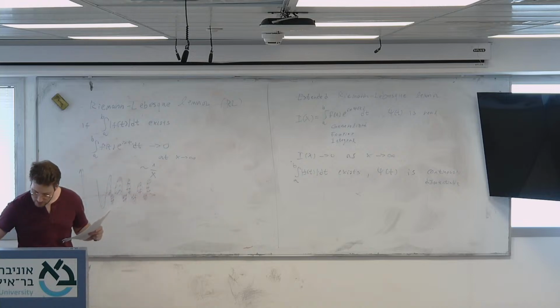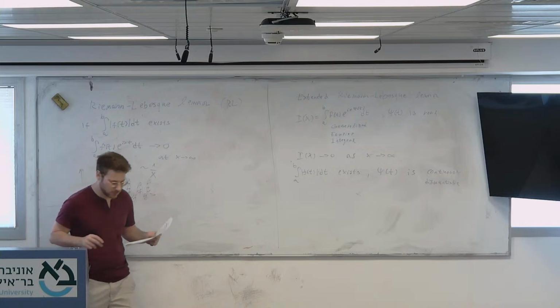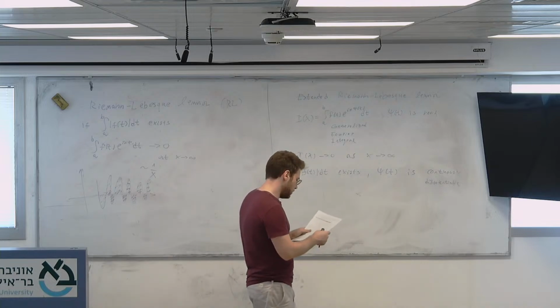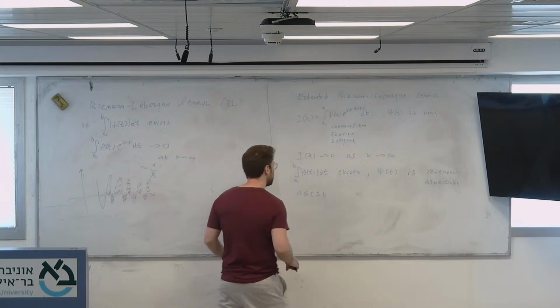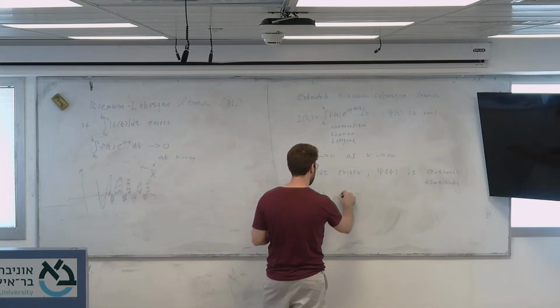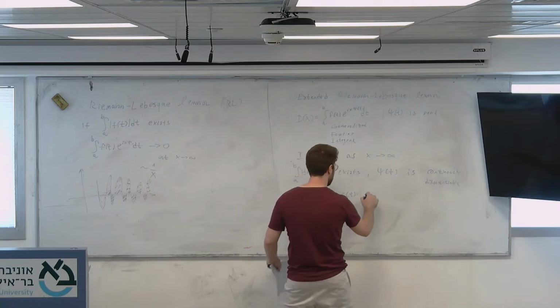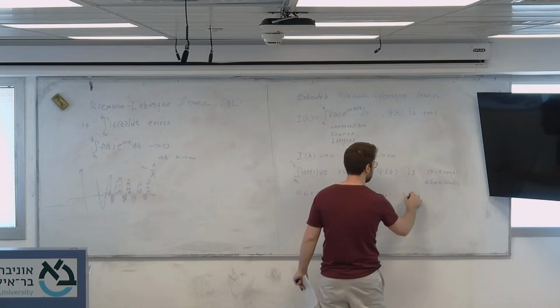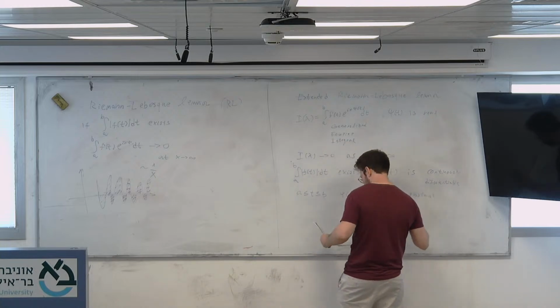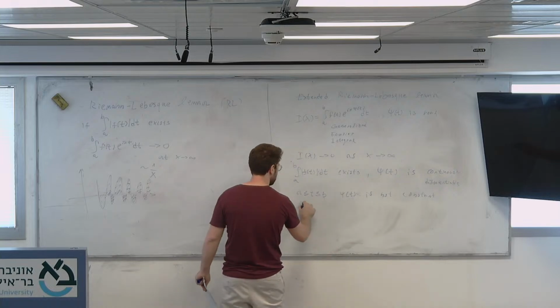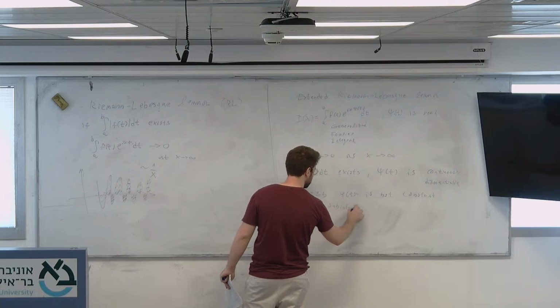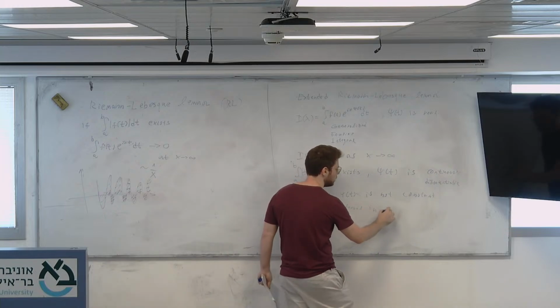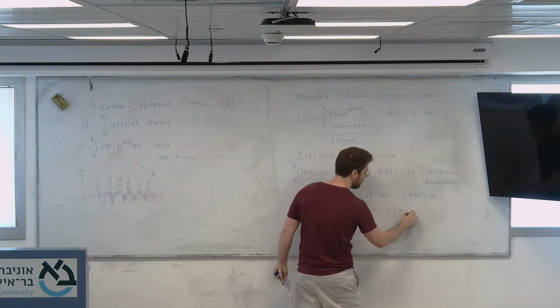What is this? Continuously differentiable for a smaller one. Okay. And phi t is not constant for any subinterval in a smaller than t, smaller than b.